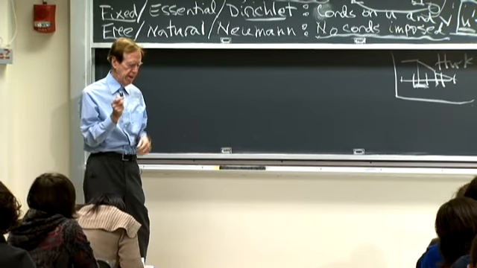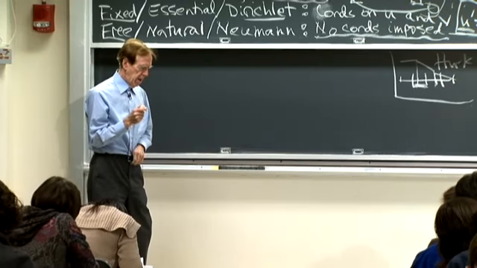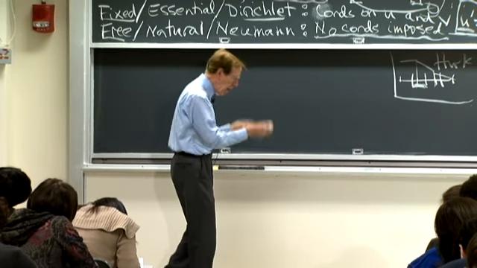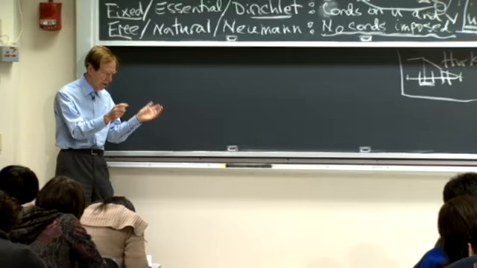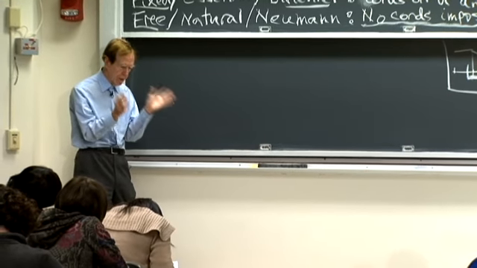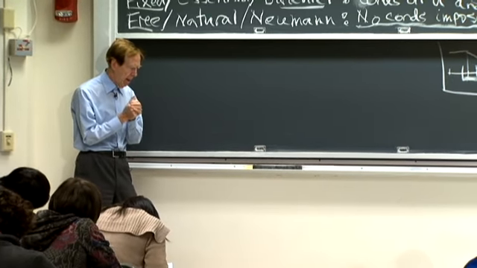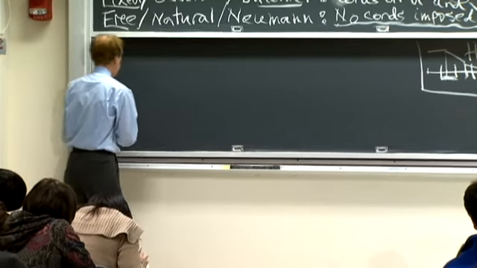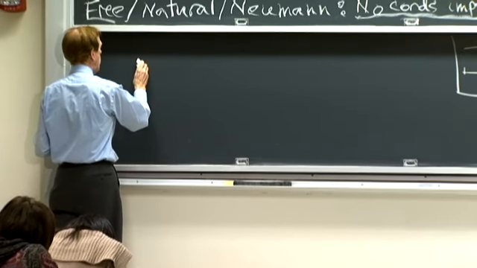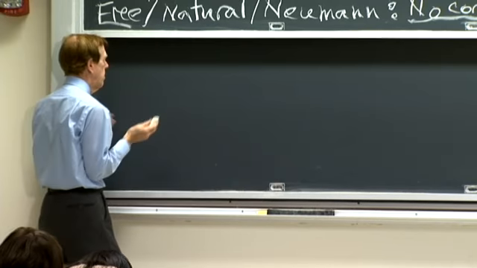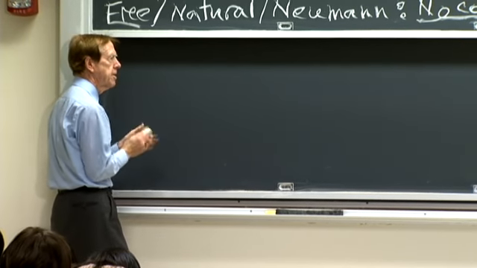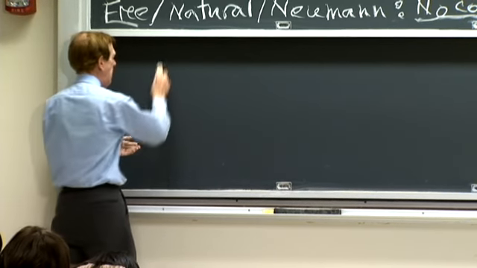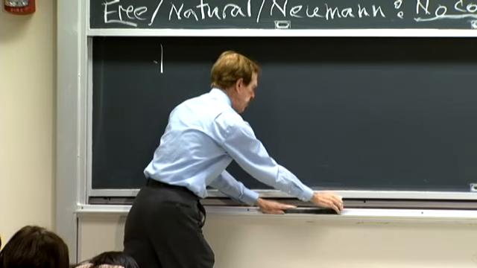Here's the idea. For lots and lots of applications, for a region, let's say in the plane, what physical example shall I pick now? Maybe I'll let U be the temperature.